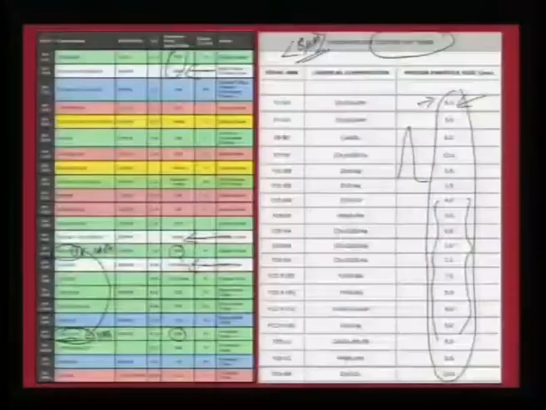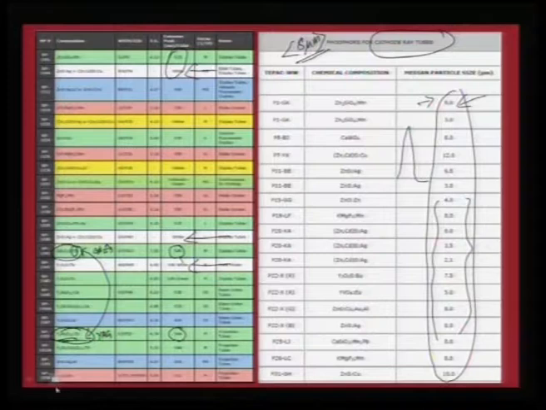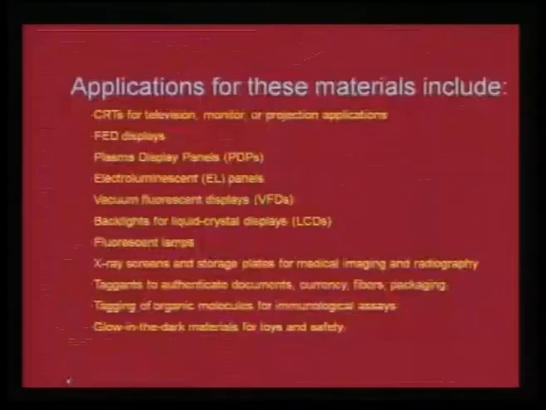So, as you would see, it is not the host that would control the light emission, but the dopant, because of the particular excitations in the D to F transition or F to D transition, which will determine whether this is unique to the dopant or not. And as you would see from the red emission, it is always europium which gives you emission at 620 nanometers. So, this is the range of compounds that we have.